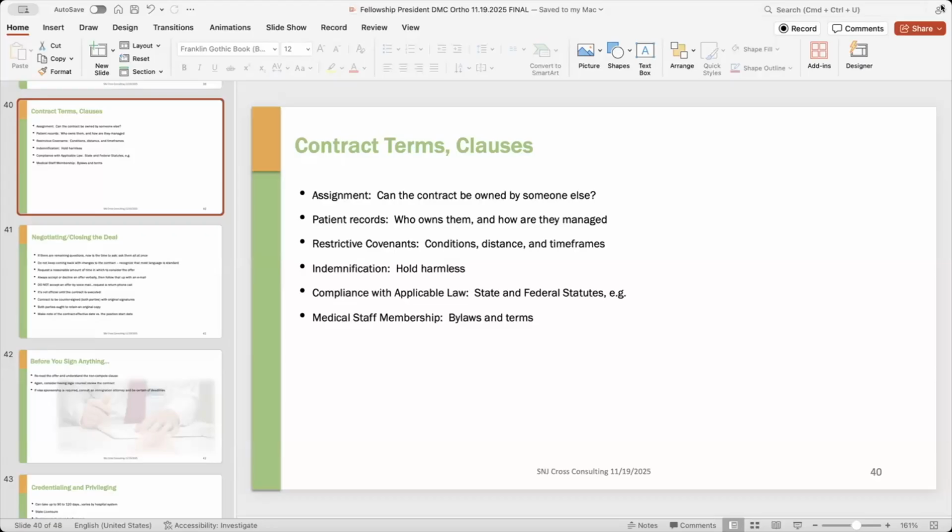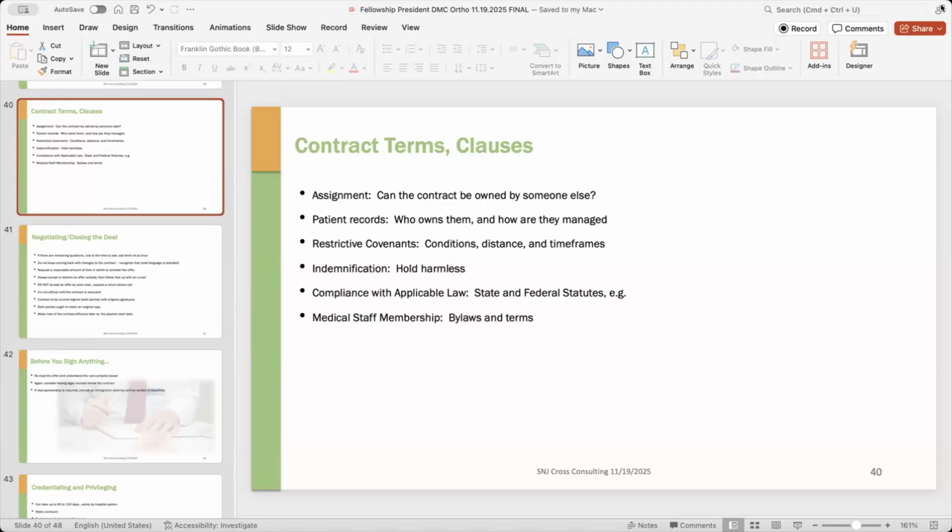we're here to help you navigate your contracts, to look at them, point out questions that you should ask. But you want to look at items such as the patient records, who owns them, and how that's managed.